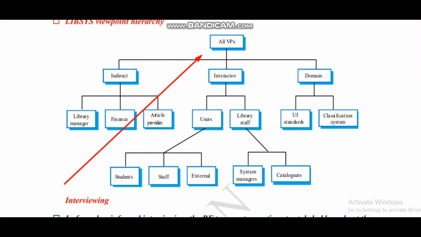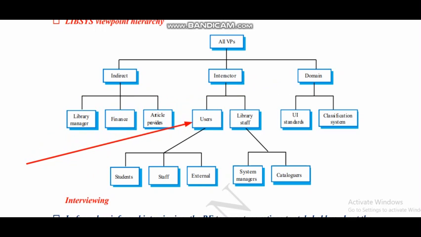This is the basic structure of different kinds of viewpoints of different kinds of users. It tells you about the different kinds of users of library software. Depending on these, we obtain the different viewers: the indirect viewer, the interactor, that is the direct viewer, and the domain viewer. These are the people who interact with the software indirectly.